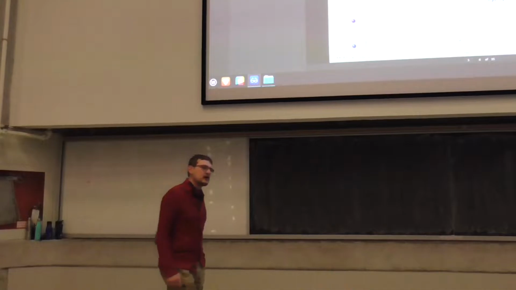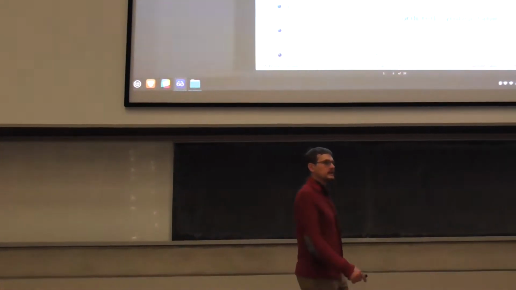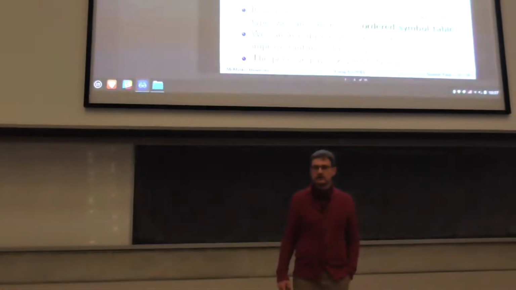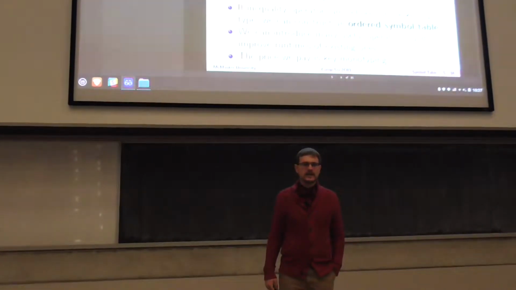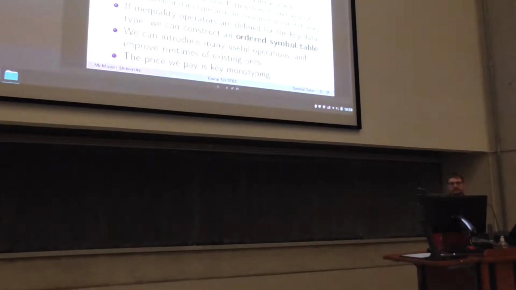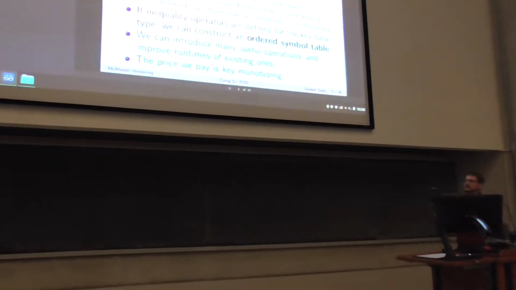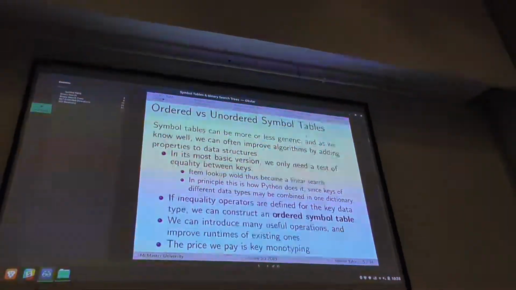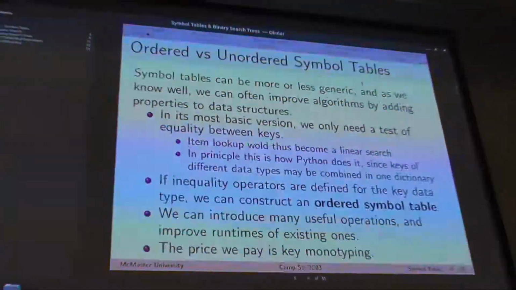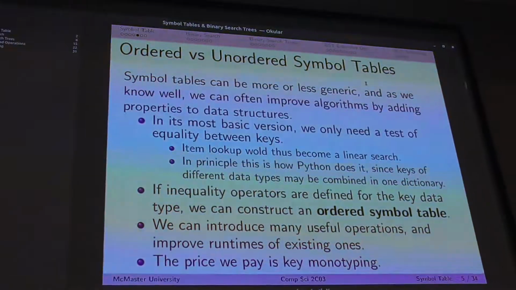It's very rare you'll find a domain where equality is not defined. So item lookup, if equality is all you have to rely on, becomes linear search. In principle, this is how Python does it, since keys of different data types may be combined into one dictionary.